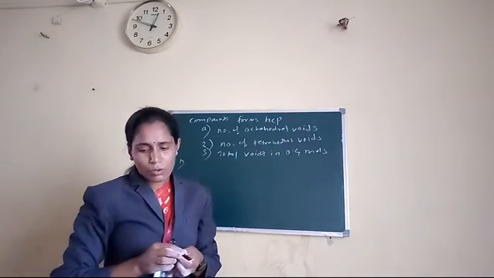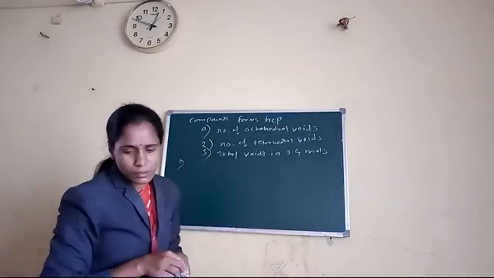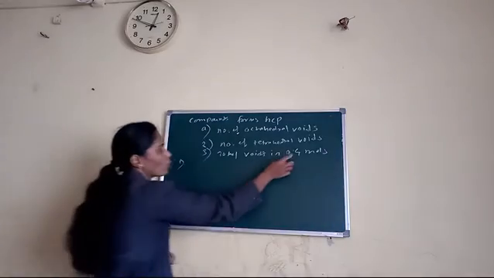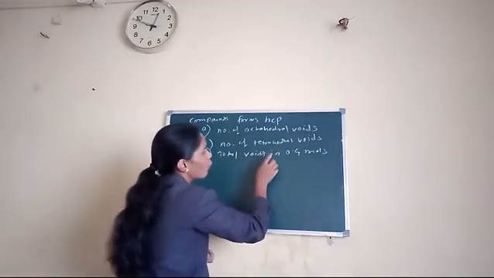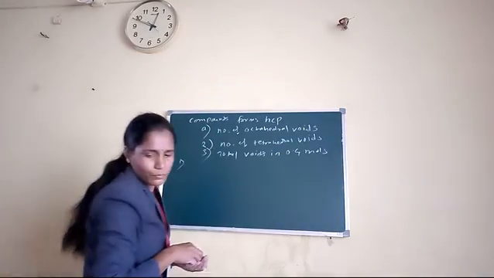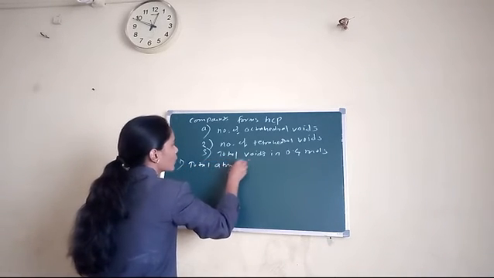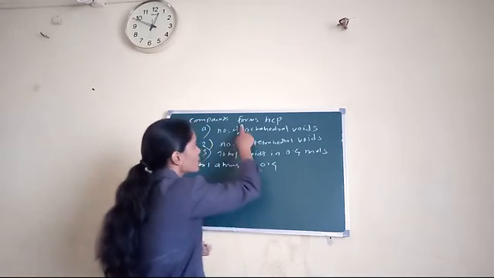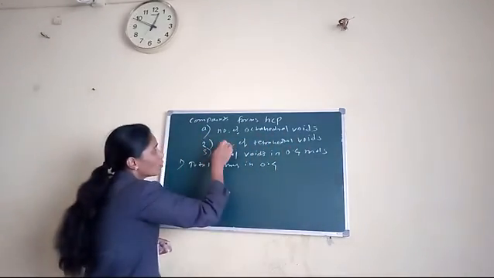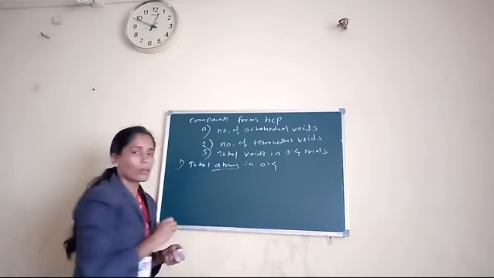In HCP, hexagonal close pack structure, first we calculate the number of atoms in 0.4 moles. For the number of octahedral voids and the number of tetrahedral voids, we need the total number of atoms.